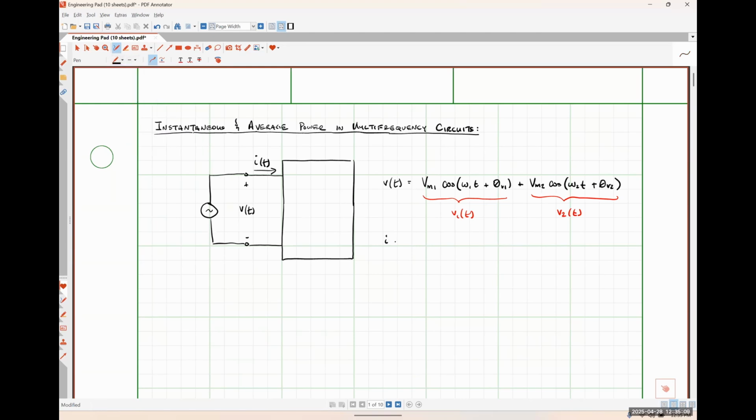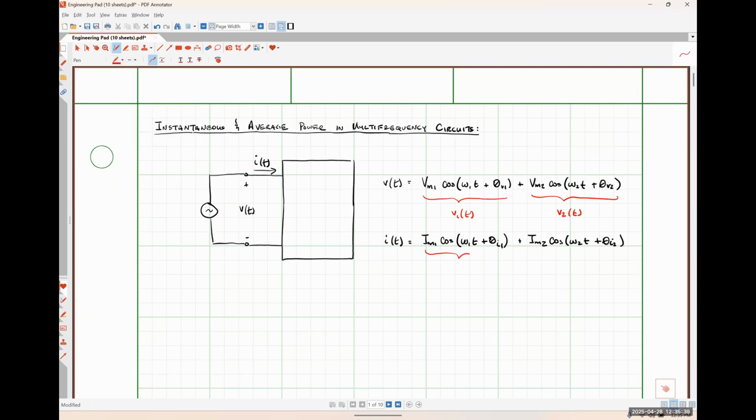Similarly, I'll have a time varying current, i of t, of the form Im1 cosine omega 1 t plus theta i1, plus Im2 cosine omega 2 t plus theta i2.